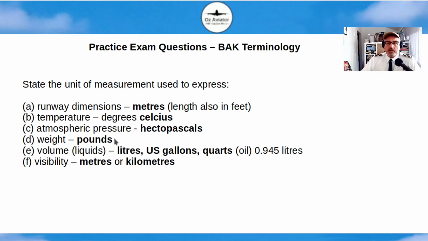So we use pounds to work out our different weights. Volumes of liquid can be in litres, US gallons or quarts, quart being 0.945 litres, and visibility in metres or kilometres as we discussed previously.